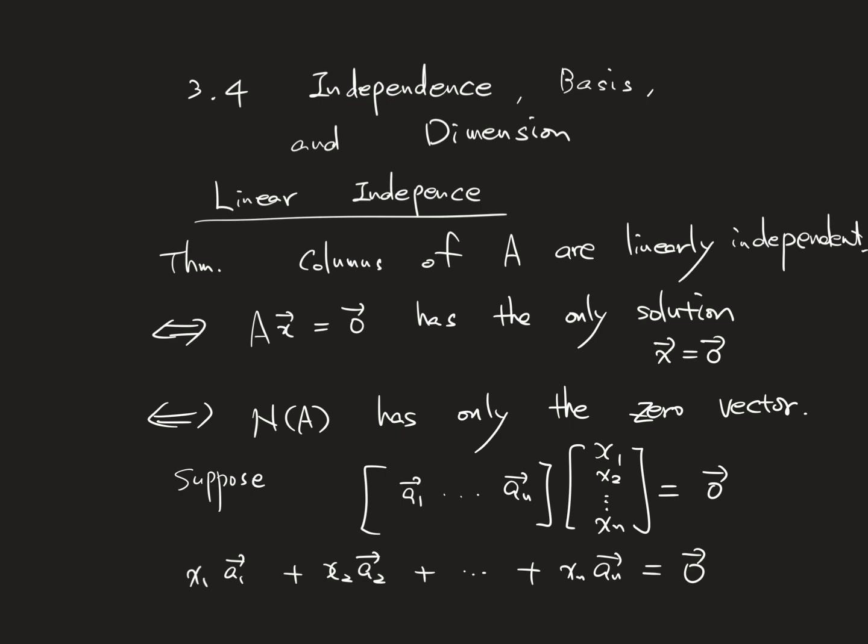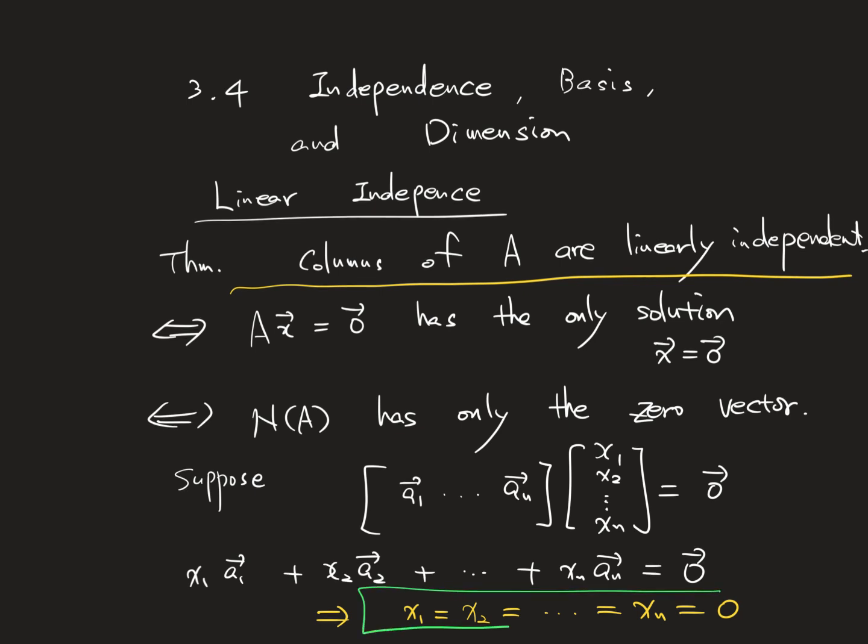If the columns of A are linearly independent, there is only one way. I mean, we have only the trivial solution, because this is the definition of linear independence. So that's why AX equal to 0 vector has the only solution.